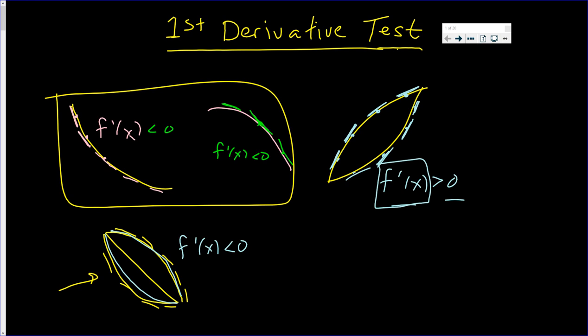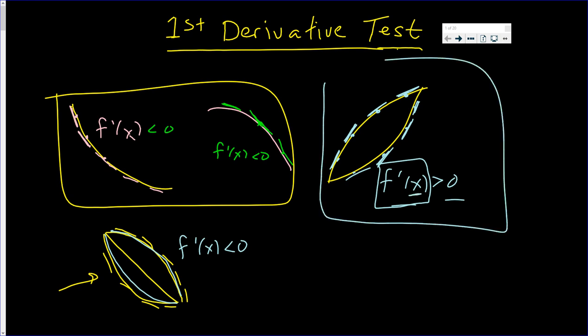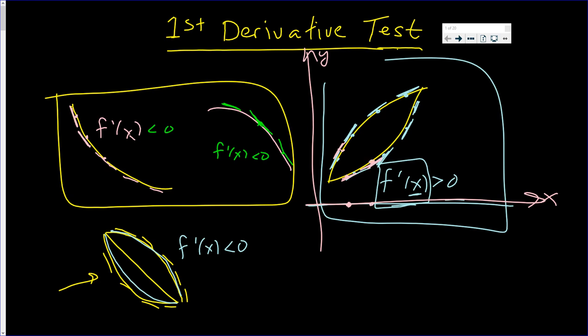In this picture, maybe this is the x-axis and this here is the y-axis. Every time you plug in an x value, whether you're here or here, the slope is positive. Plug in this x value, whether it's on the lower graph or the higher graph, the slope is positive.